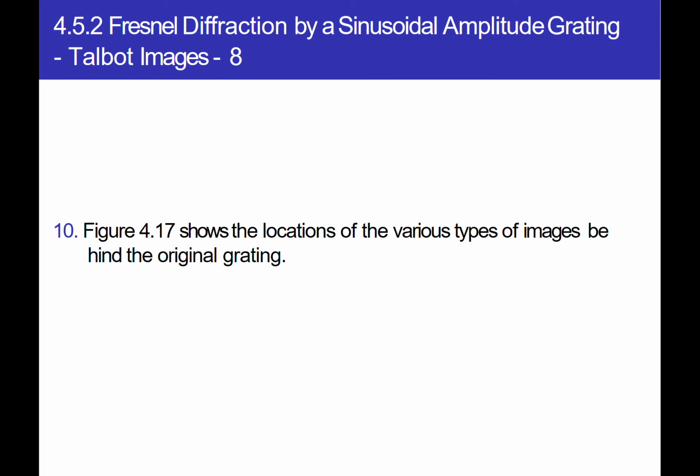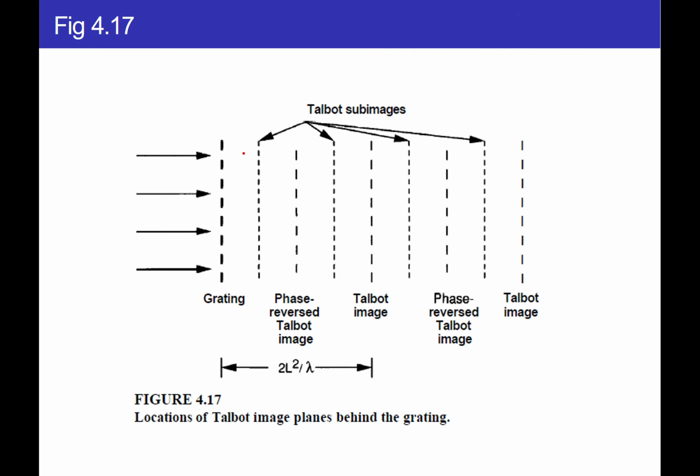If you look at it, this is what we get. Initially we have the aperture plane, and then we have a plane wave incident. Then we have this kind of images, and we get a periodic appearance of an exact replica of our grating.